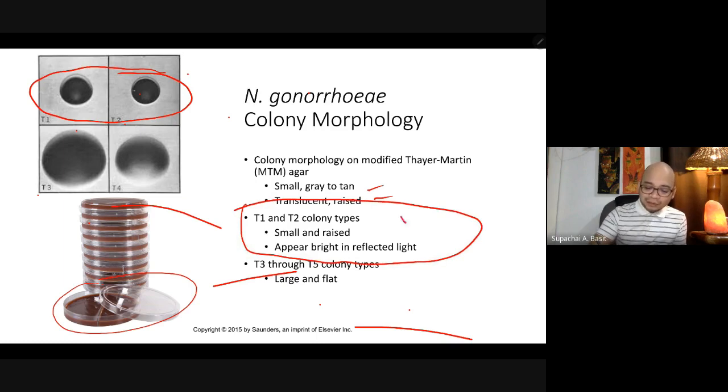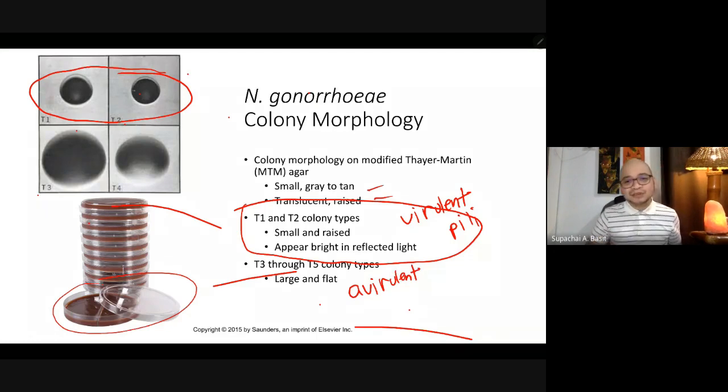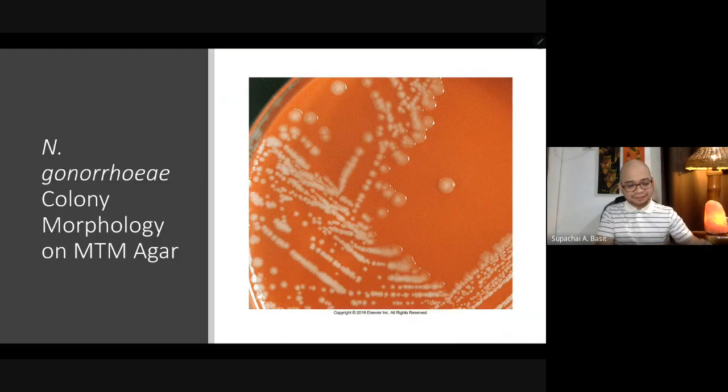Because T1 and T2 contain virulent pili, and T3 up to T5 are considered avirulent. T1 and T2 are virulent. So this could be T5, that's big, but the smaller colonies could be T1 or T2.